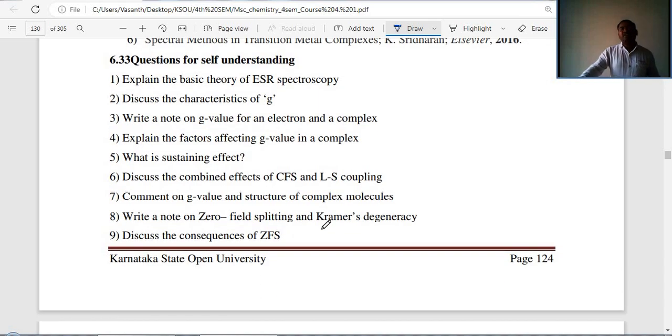These are all important self-understanding questions. Please go through these questions. These are all very important from the point of view of examinations.